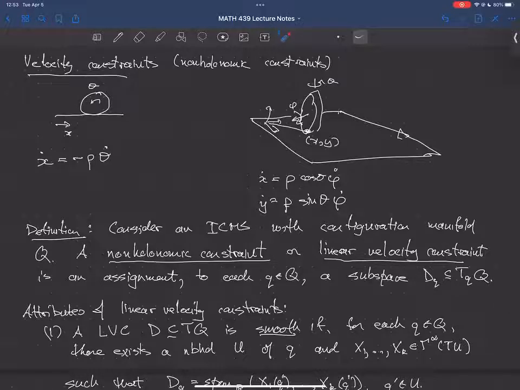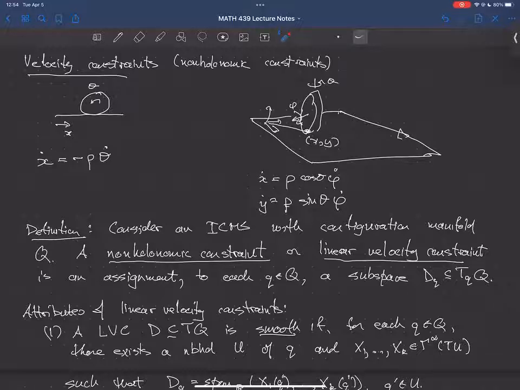And that's because in this equation, you can just integrate this equation, right? And if you integrate that equation, what it does is it gives you x as a function of theta, right? And so really that two-dimensional configuration manifold with a one-dimensional velocity constraint, that really ends up with a one-dimensional configuration manifold, okay?